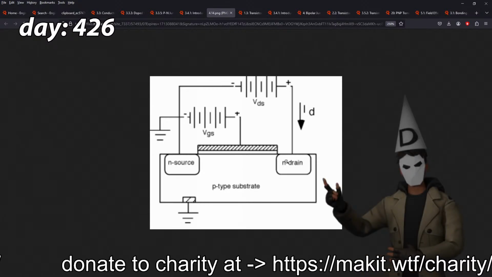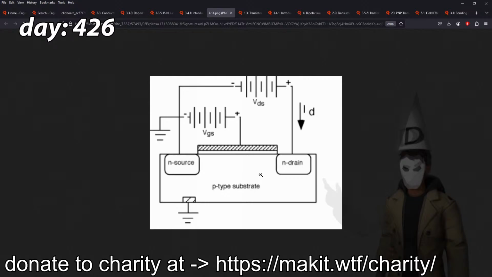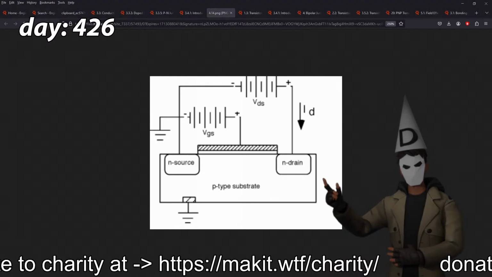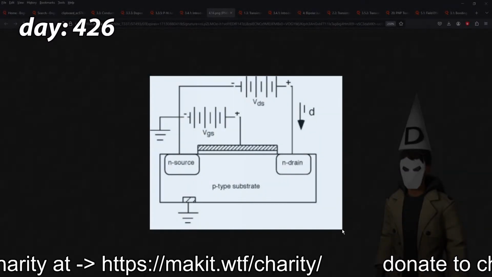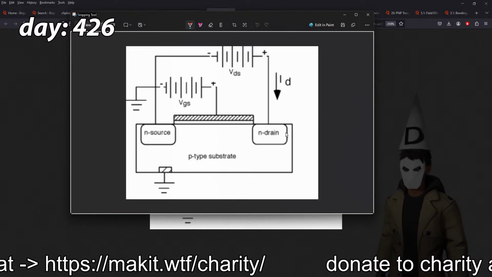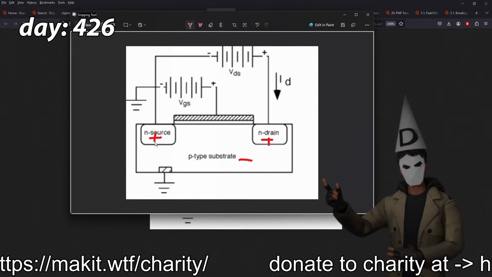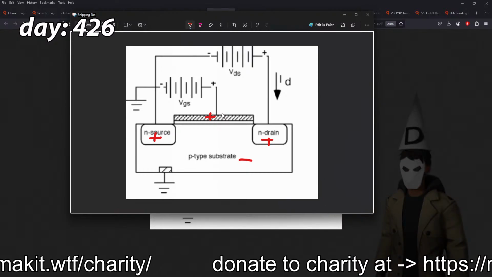This is an N drain, N source, this is an N material, this is a P-type substrate. So the basic idea is that, you get it, right? I don't have to explain the thing. It's so simple. You have this, which is positive, this which is negative, this which is positive.